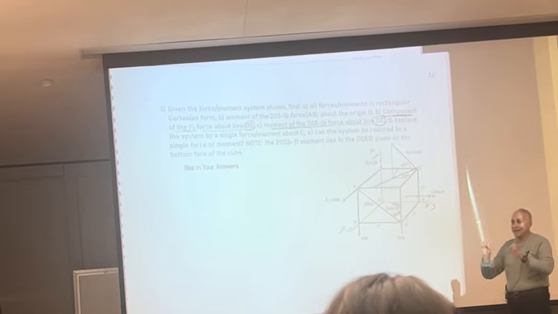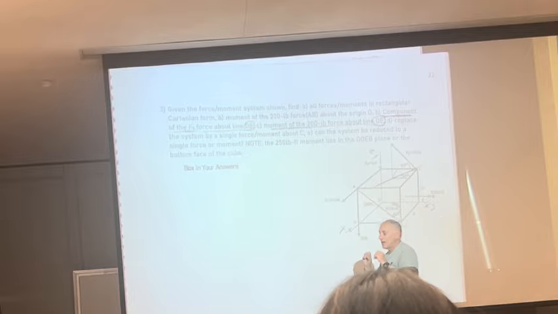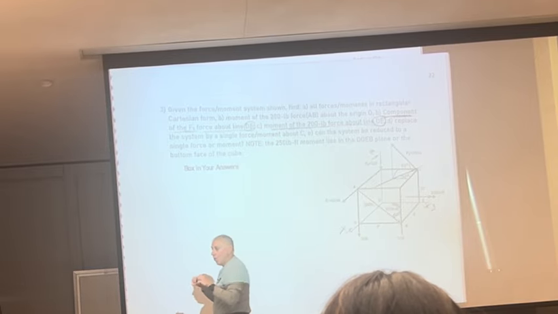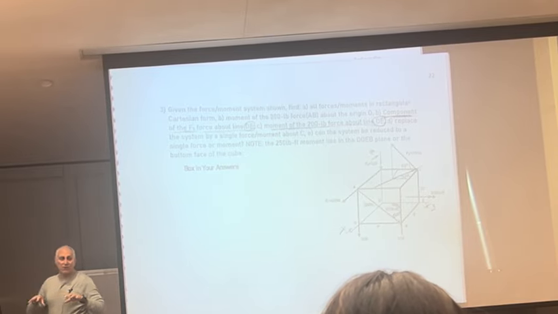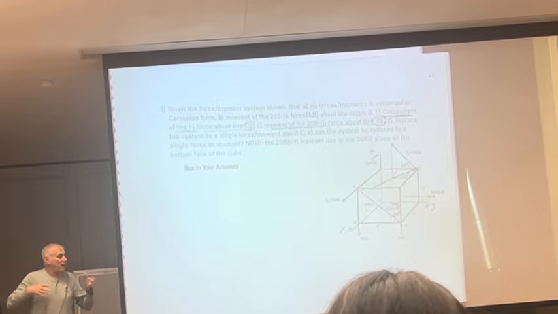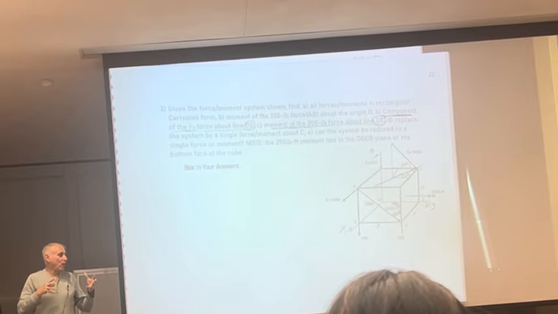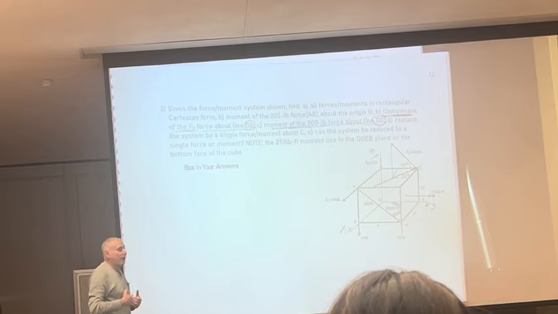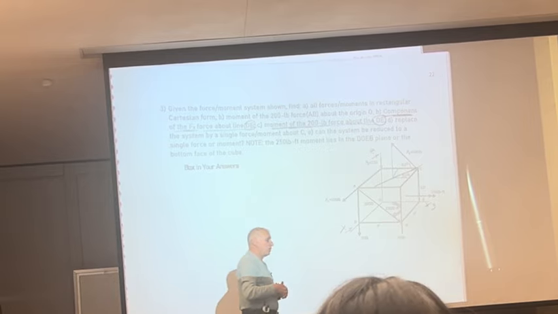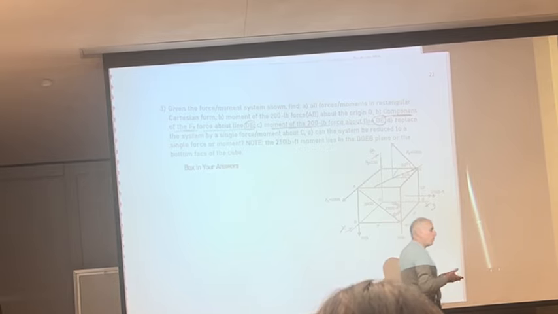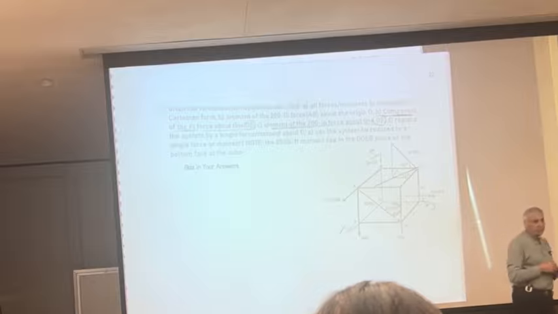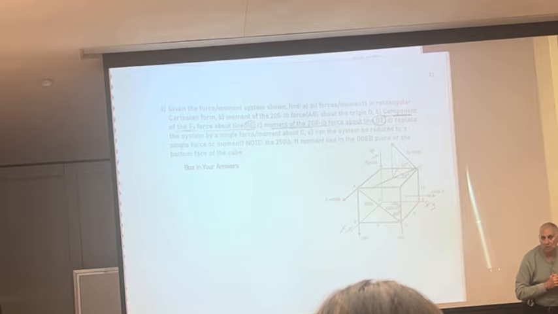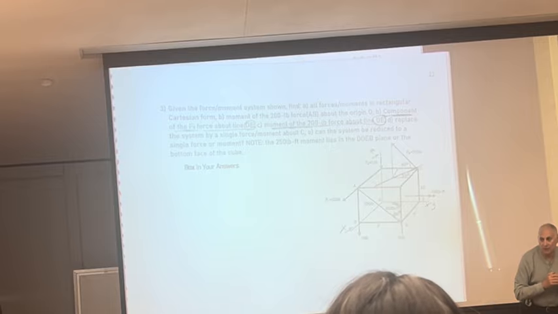So this should be 10 out of 10. And if you don't get a 10 out of 10, I guarantee you it's a math error. Or you didn't do any study whatsoever and you don't know how to do a scalar triple product. Or a projection of a force onto a line, which is a unit vector of the line dotted with the force. Or you don't know how to do an R cross F. I can't help you there. I showed it to you, now it's up to you to study it so that you can reproduce it on the test. It's identical. The only difference is the diagram.